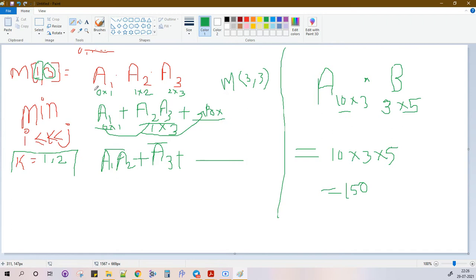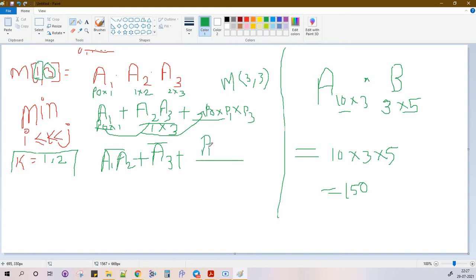Actually, not 0, it is P0. As I'm writing with a mouse, I am trying to write as minimal as I can. So it is nothing but P0 multiplied by P1 multiplied by P3, right? So if I want to generalize it, what is P0? It is nothing but i minus 1, because i equal to 1, then i minus 1 is 0.